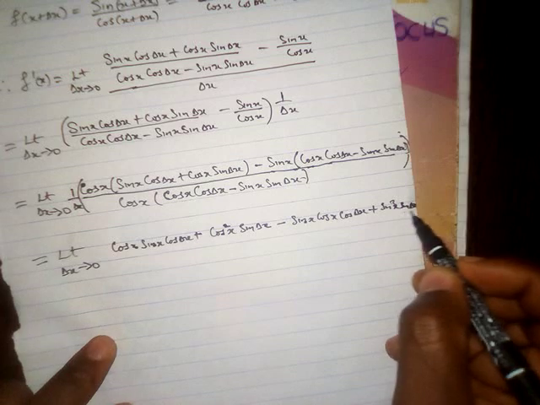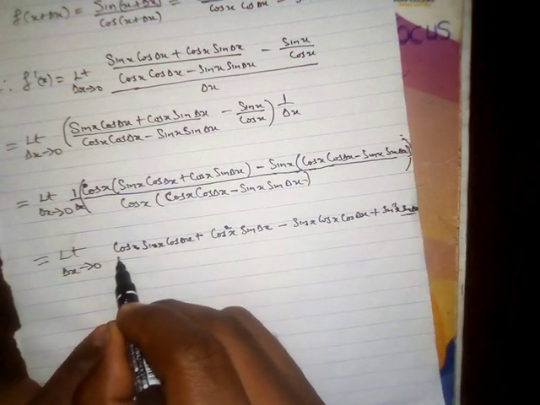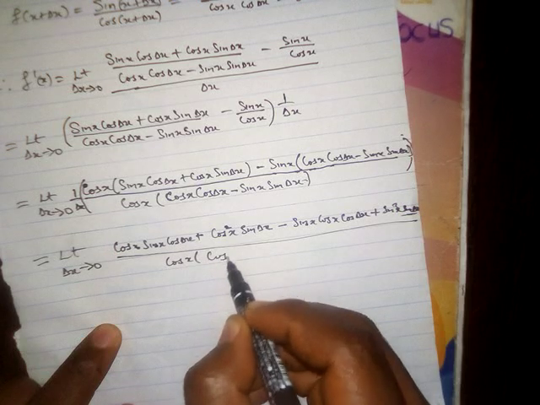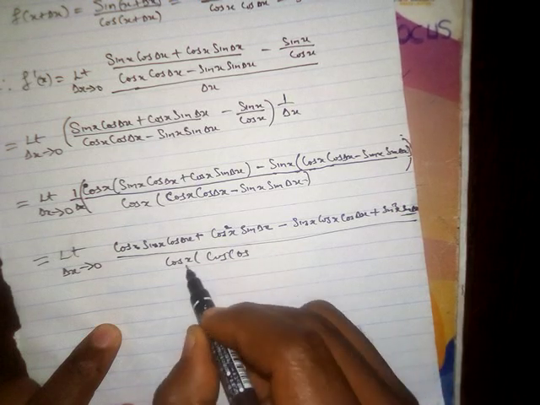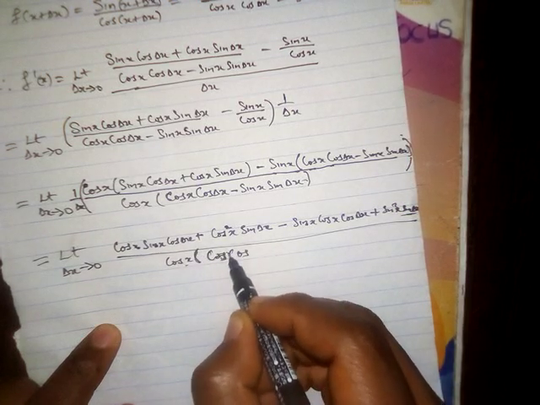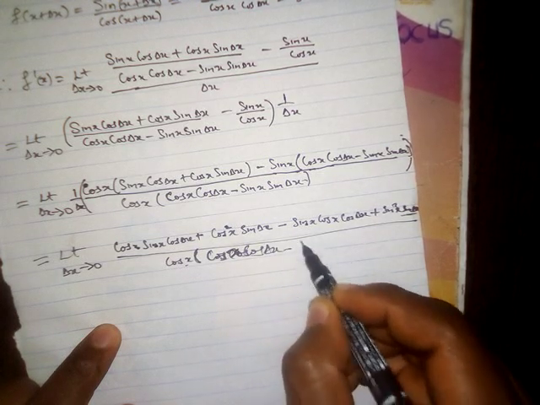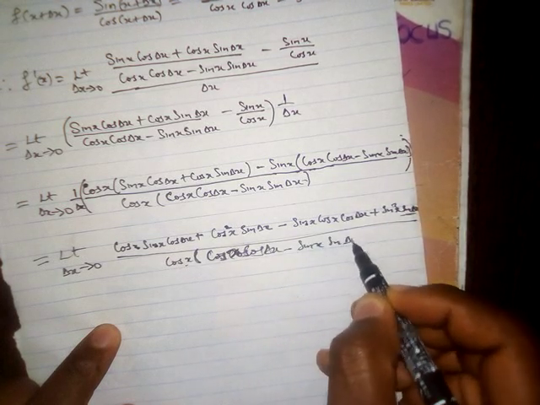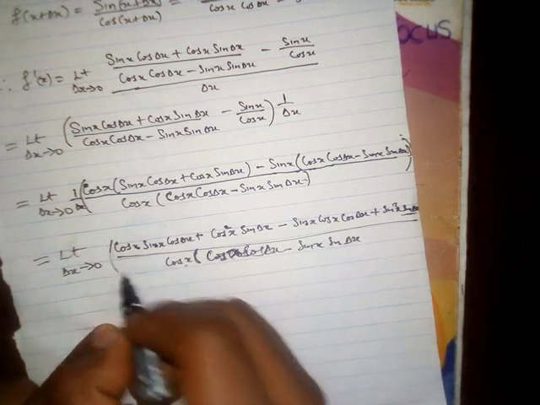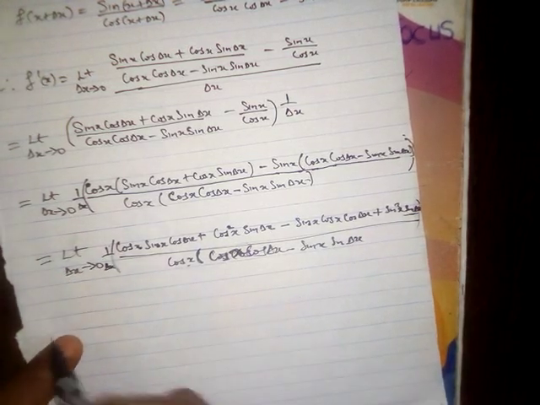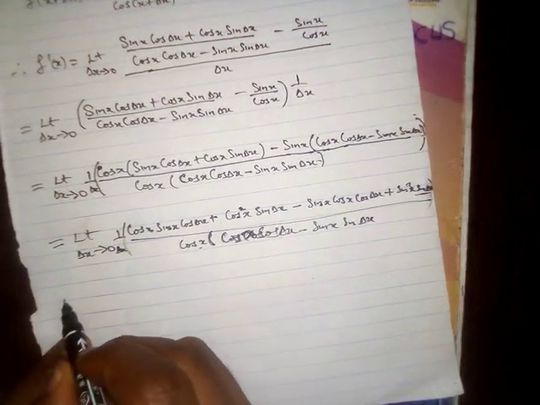Sorry, this is small, but this is sine change in x, and everything here is all over cos x into cos x cos change in x minus sine x sine change in x. Okay, so this will still be 1 over change in x, and this is happening where the limit of change in x is approaching 0.